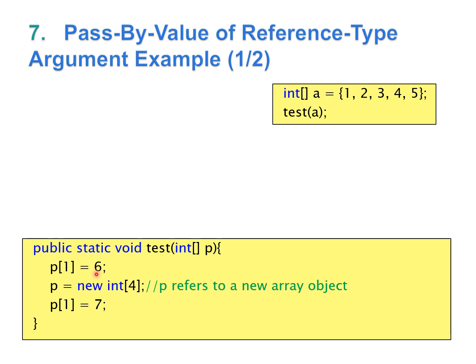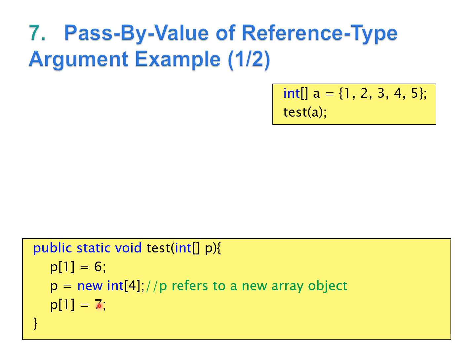Then it creates another array of 4 int elements and assigns p to the new array. So parameter p refers to a new array object after the second assignment statement in the test method body. Finally, the method test assigns element p[1] to value 7.